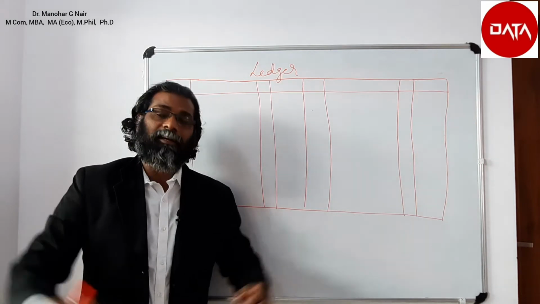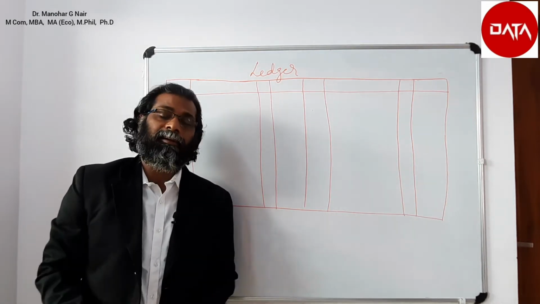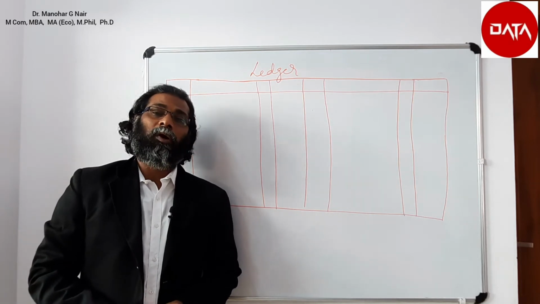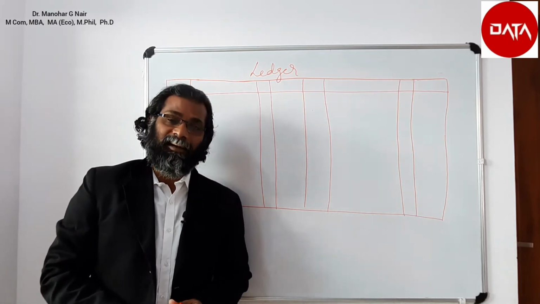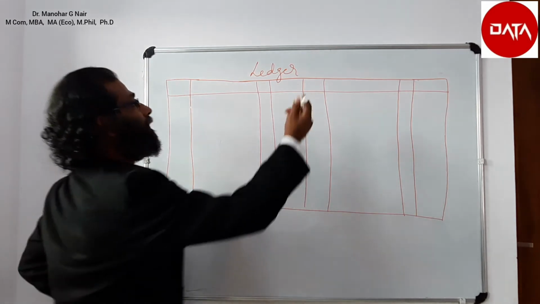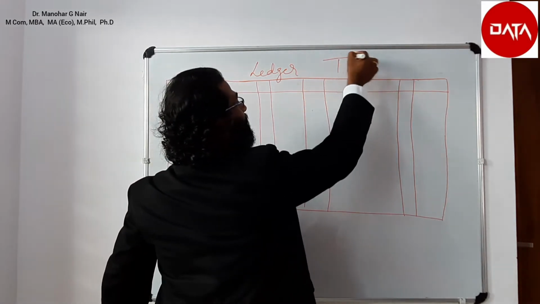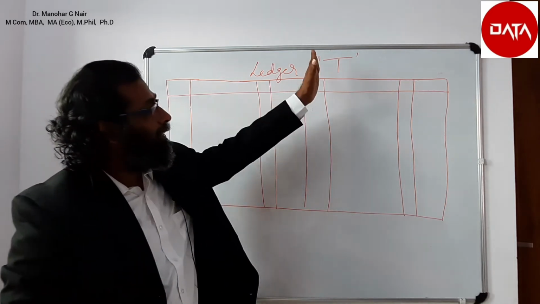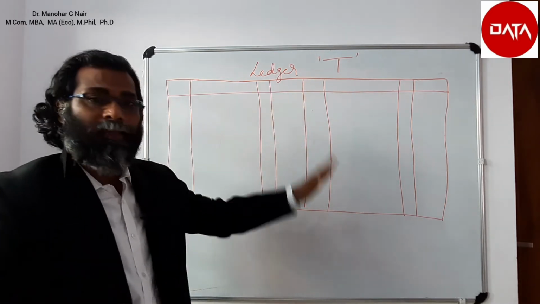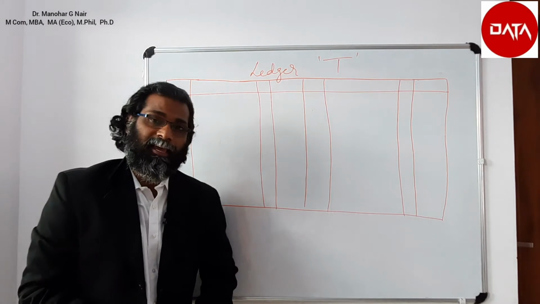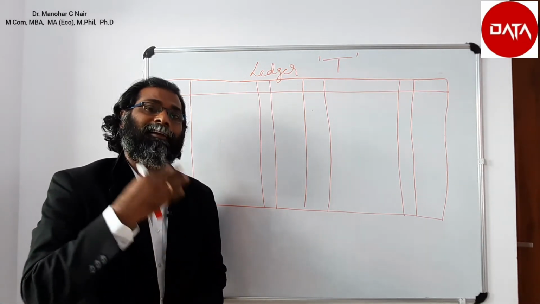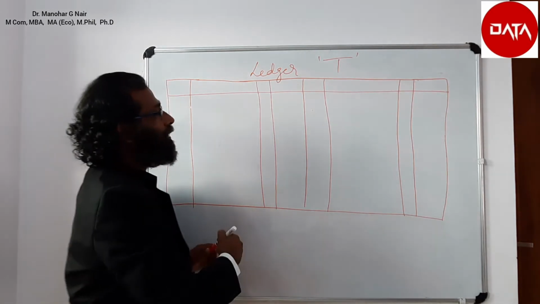For our simple understanding, I can say that the ledger or an account is drawn in the form of the English capital letter T, which means both sides will be separated equally, so that we can say an account has two sides, left hand side and right hand side, two equal sides.